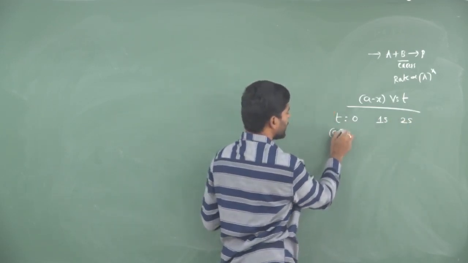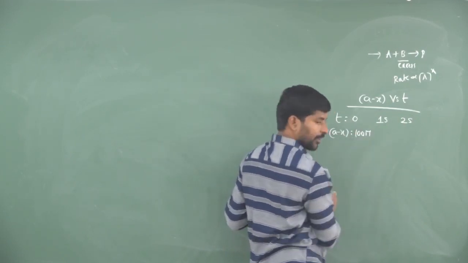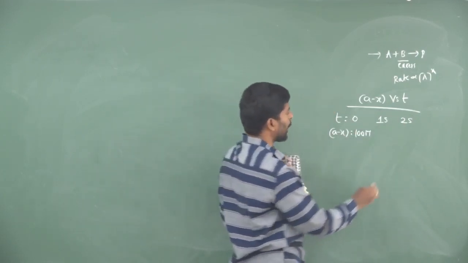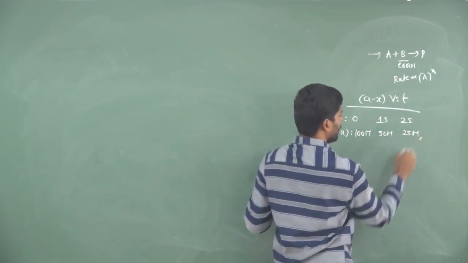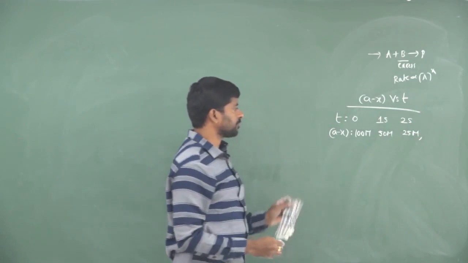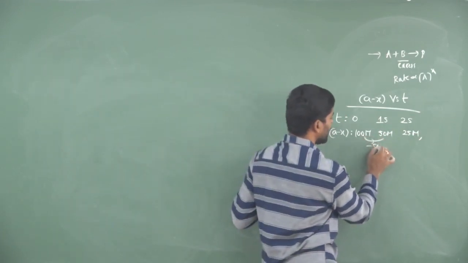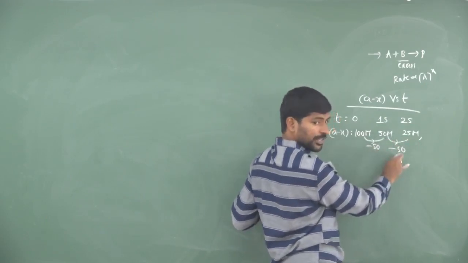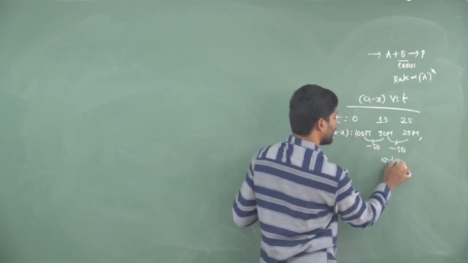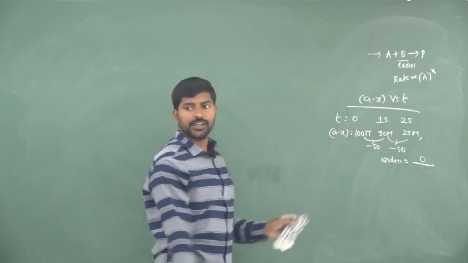A minus x, the remaining concentration of reactant, is 100 m initially, next 50 m, 25 m. What is the order of the reaction? Within 1 second how much decreased? 50. In the next 1 second also 50 decreased. If the same amount decreases, the order of the reaction is 0.